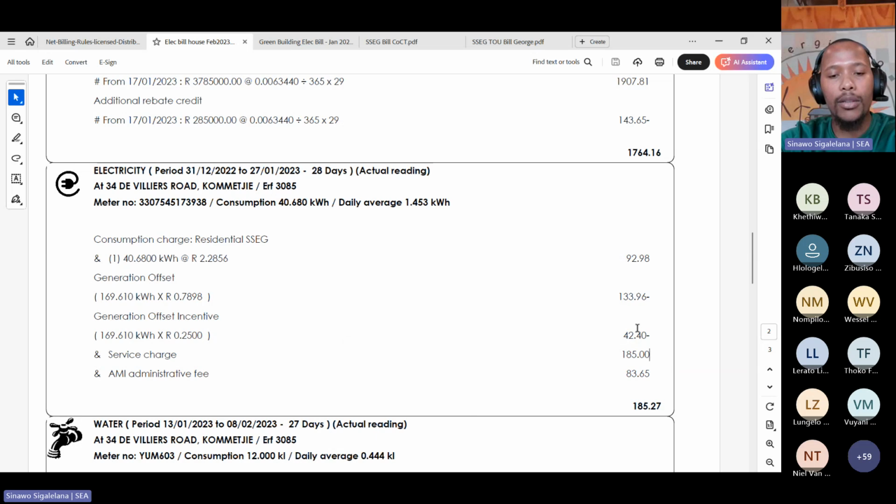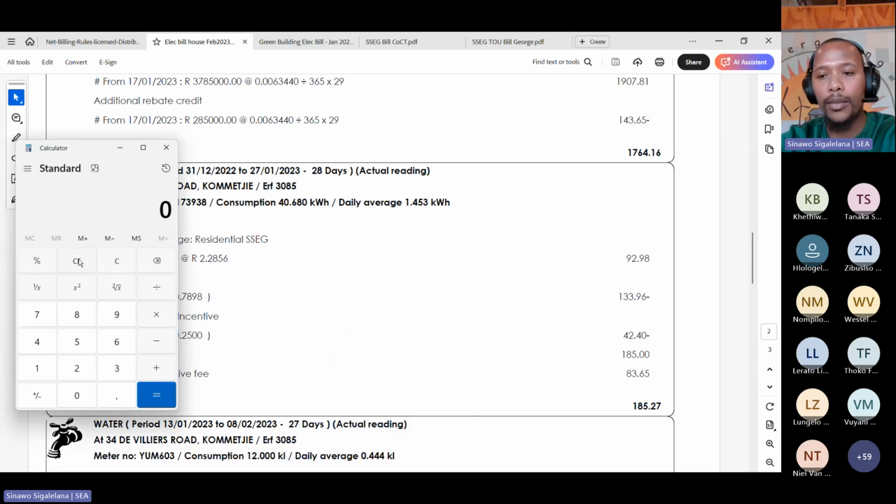So if I take out my calculator, for example, I say 92.98, right? Then I say minus 133.96, right? Minus the second incentive, right?